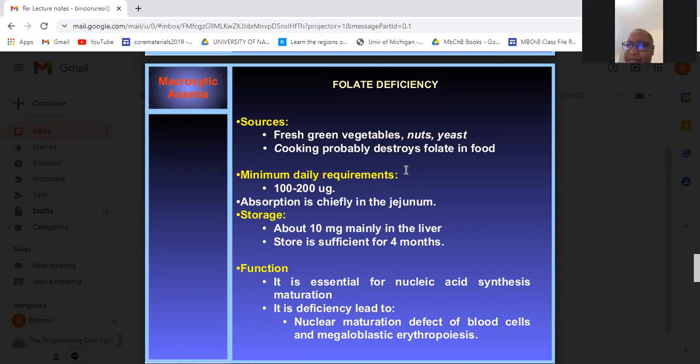Its deficiency leads to nuclear maturation defects of blood cells and megaloblastic erythropoiesis, and apart from that, it also causes neural tube defects. So apart from megaloblastic anemia, neural tube defects. Next slide.